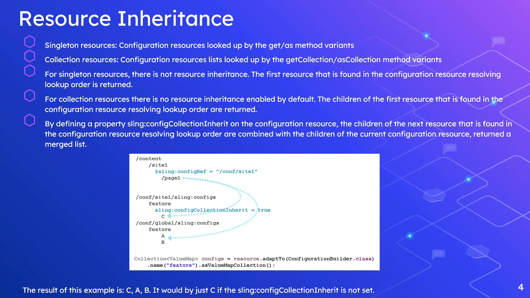So conf site1 sling configs, it tries to match, then again it will go to the next resource, conf global sling configs, in the lookup order and it will match it. So it will return CAB, all the configurations. But let's say if you take out that configuration config collection inherit, it will only return the resource C. So it will only match the exact resource.